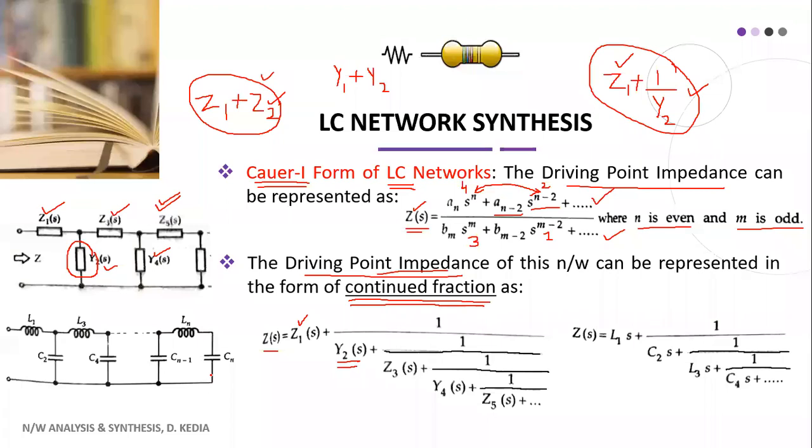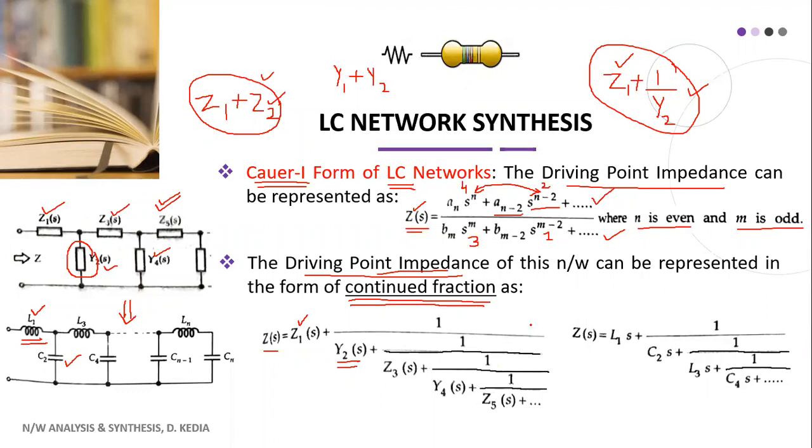Now look at figure number 2 in your slide. Since we are discussing the Cauer 1 form, in the Cauer 1 form we have inductors in the series arm, and the parallel arm consists of capacitors. So what is Z1? Z1 is impedance, and the impedance representation for an inductor will be Ls.